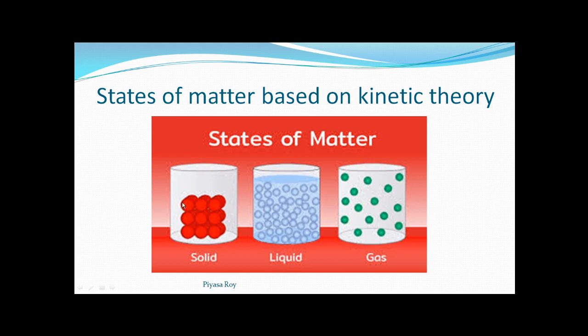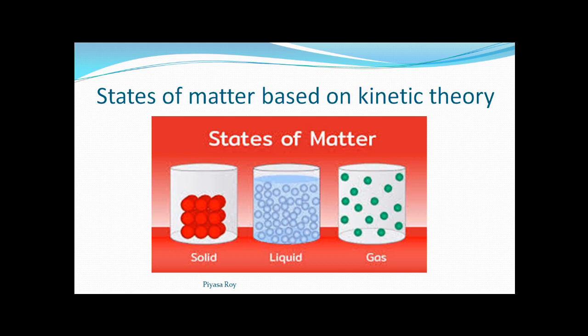So for solid we will see there is a definite shape for all the solids, okay. And as they are closely packed, the gaps in between the particles, the intermolecular space or interparticular space, is least in case of solid.